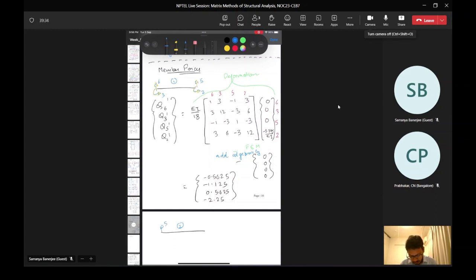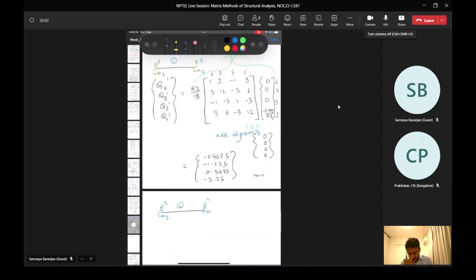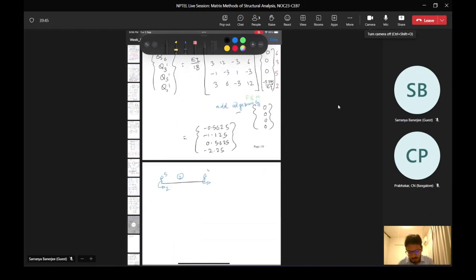So for member 2, I would again draw the member, and we would again find the member forces. Q5 2 this time, Q2 2, Q4 2, Q1 2 equals EI by 18.